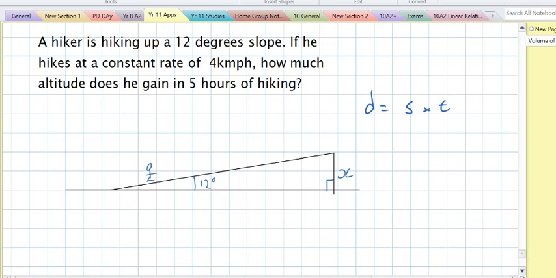If he hikes at 4 kilometers an hour, that's our speed, for 5 hours, then each hour he's going to hike 4 kilometers. So 4 kilometers times 5 is 20. He's going to hike 20 kilometers. Distance equals speed, which is 4, times 5 hours, 20 km. So this length here will be 20 kilometers.